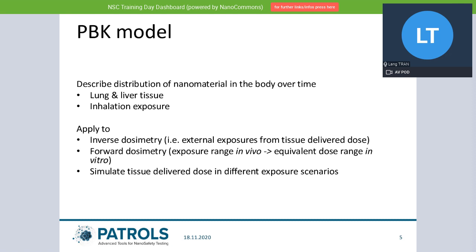So there we have to apply uncertainty factors and so on, in order to make a good guess on how we're going to go from animal to humans. But this is not the topic we're talking about today. We're talking about in vitro and in vivo. So here we have data, and we're much more certain about the extrapolation.